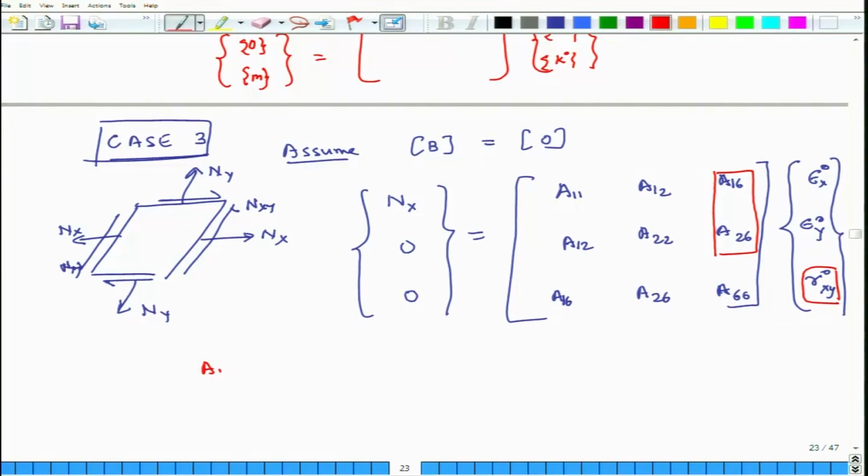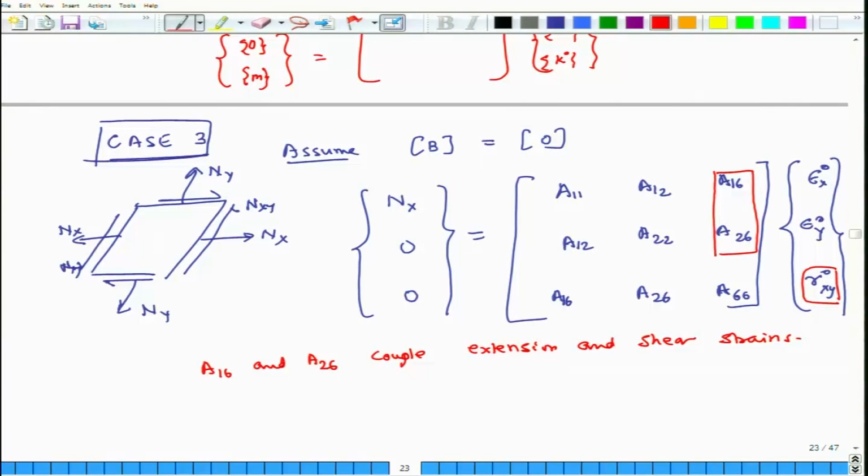So, A16 and A26 couple extension and shear strains.